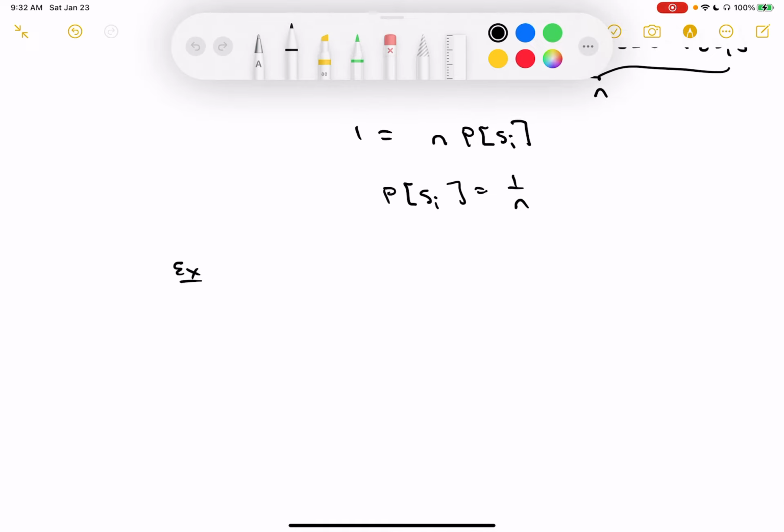I'm going to look at a 6-sided die, and I'm going to call it fair, so that means equally likely per side. What is the probability that my die roll has some value i, where i equals 1 out to 6?